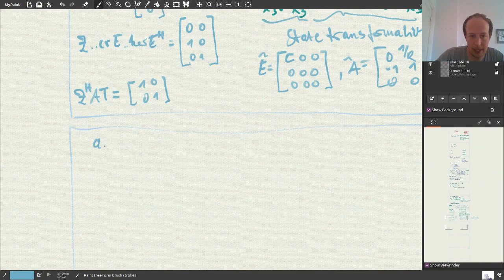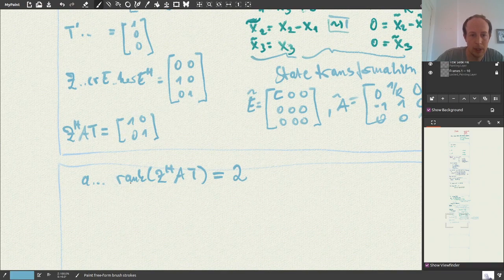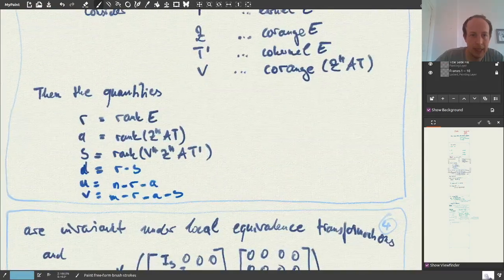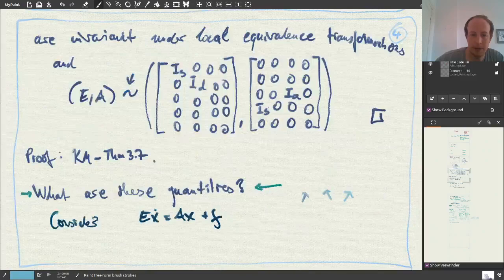And then we can already define the a, which was the rank of the Z hat A T hat, which is 2. Okay. And then we can compute the V, which was, what was the V again? The co-range of this, so the kernel of the transpose.